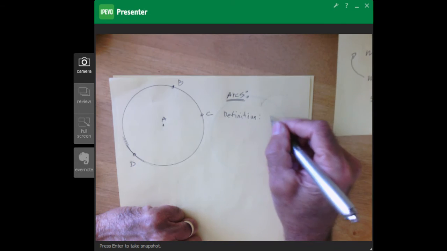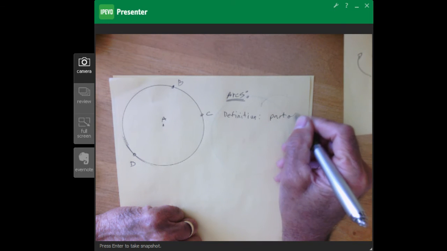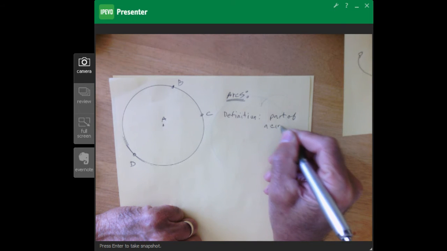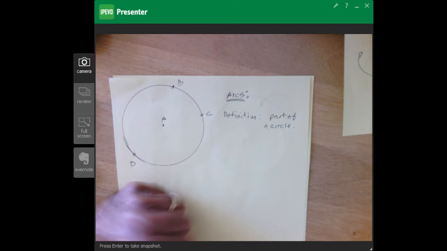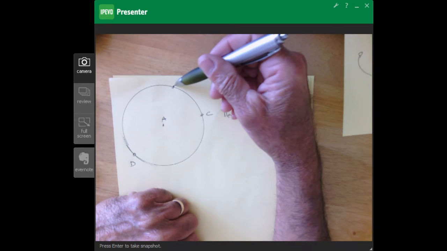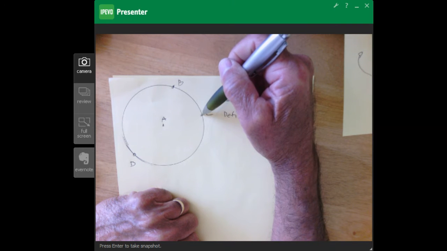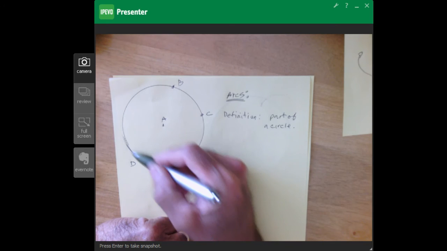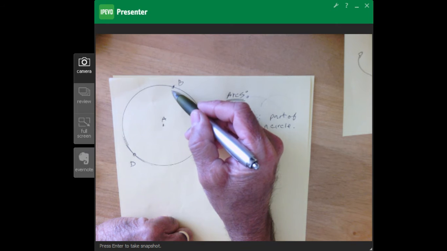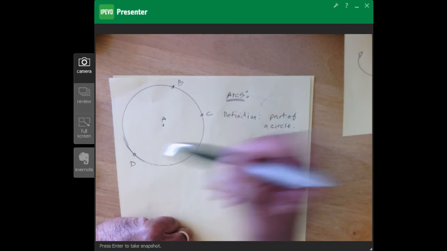Okay, it is part of a circle. That's it. So if we go from here to here, from B to C, that would be an arc. From D to B, that's an arc. So in some ways it's similar to a chord, right?